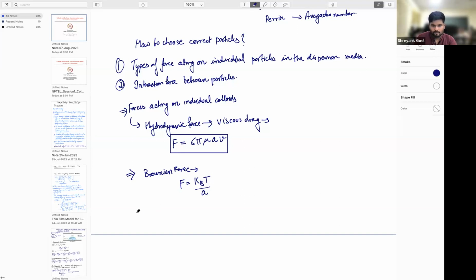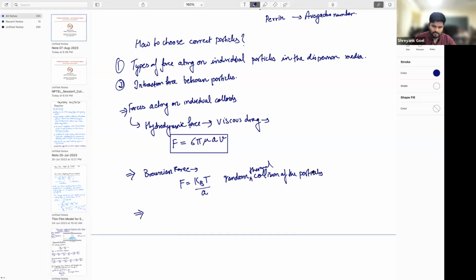This force arises due to the random thermal collision of the particles, and those random thermal collisions are because of their thermal energy.